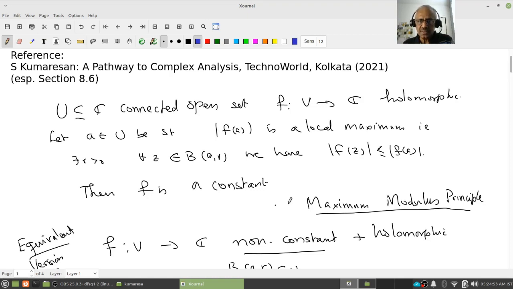In other words, if f is non-constant holomorphic, you give me any point a in U, then for any open disk B(a, r) contained in U, I can always find a z so that mod f(z) is greater than mod f(a). That is the equivalent, contrapositive version we stated. Please understand.